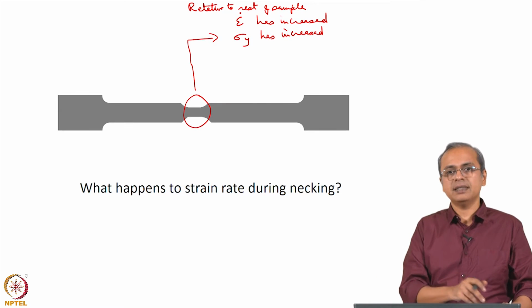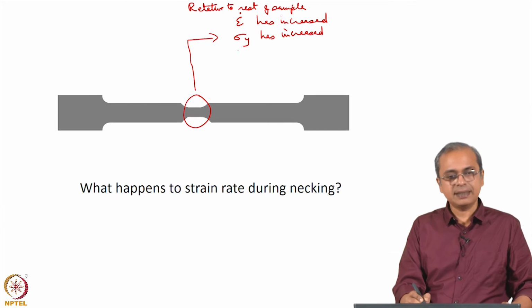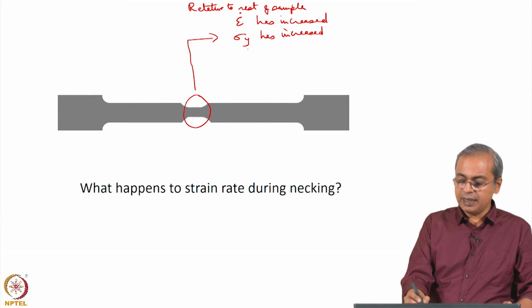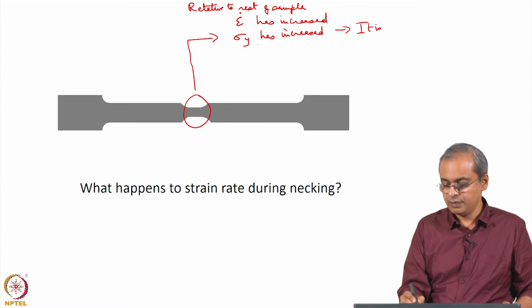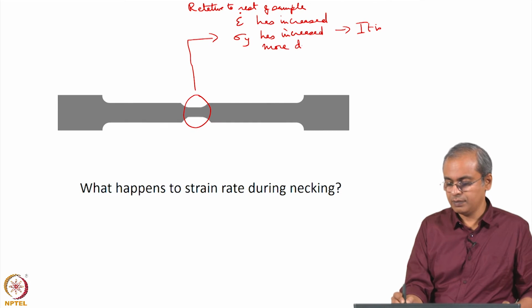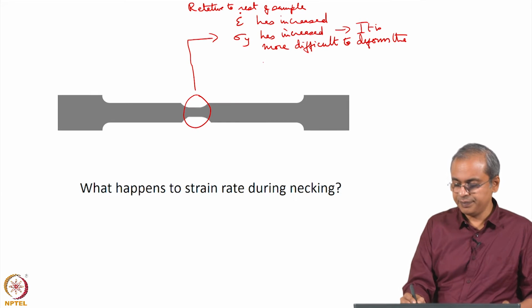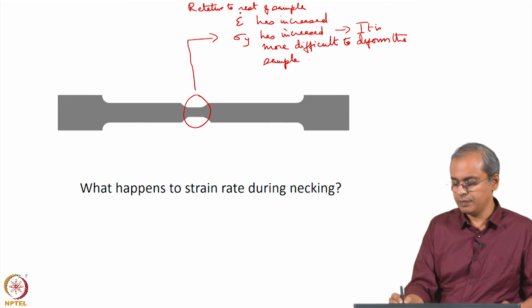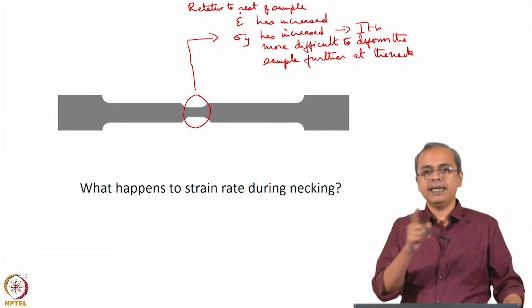When the strain rate sensitivity index is high, because it is high, the sigma y has increased at that region, therefore it is more difficult to deform the sample further at the neck, because the strain rate sensitivity index is high.